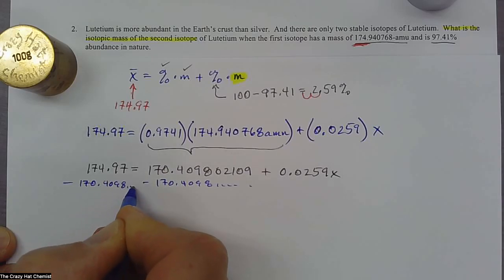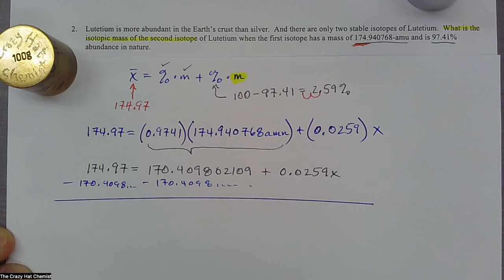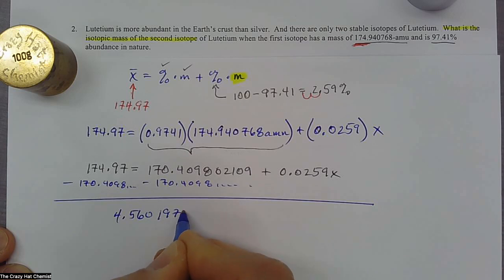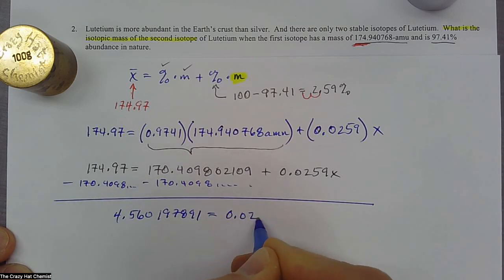I'm not able to write the whole number there, but you should get the point. We are subtracting that entire number on both sides. What we get is 4.560197891 is equal to 0.0259x.